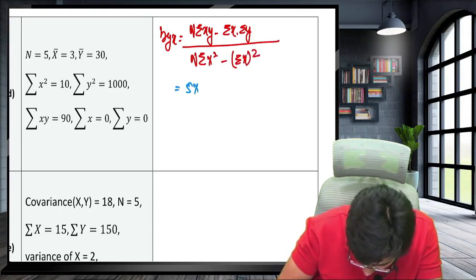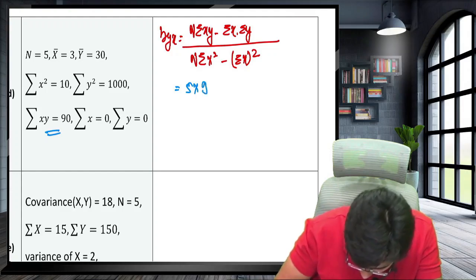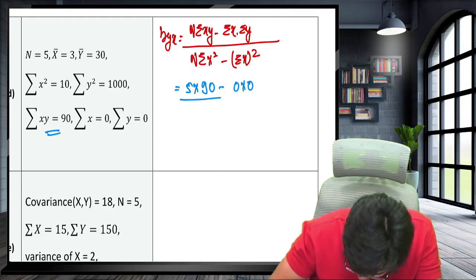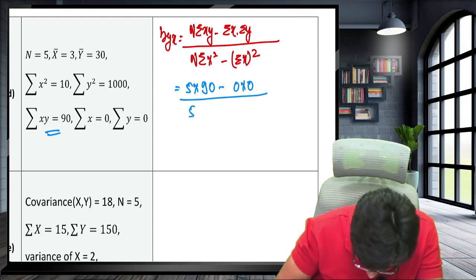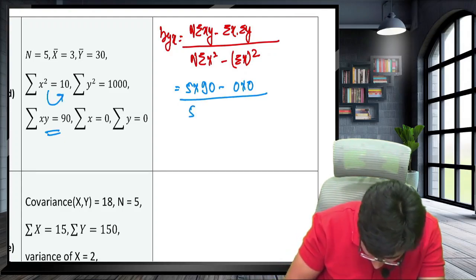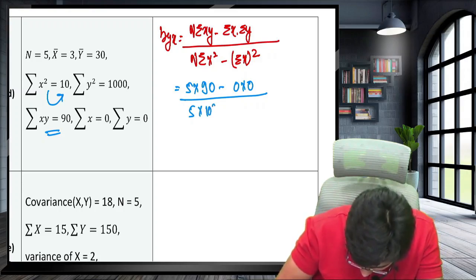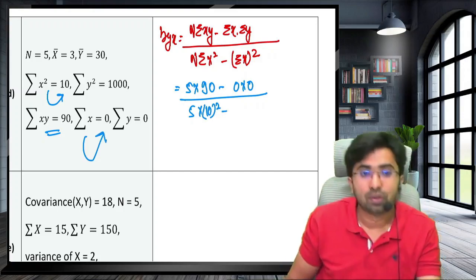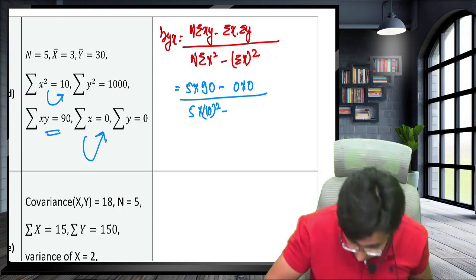What is n? 5. Summation xy is 90. Summation x is 0, into 0, divided by n, which is 5. Summation x square is 10. So it will be 10 minus summation x whole square. Summation x is 0, 0 whole square will be again 0.